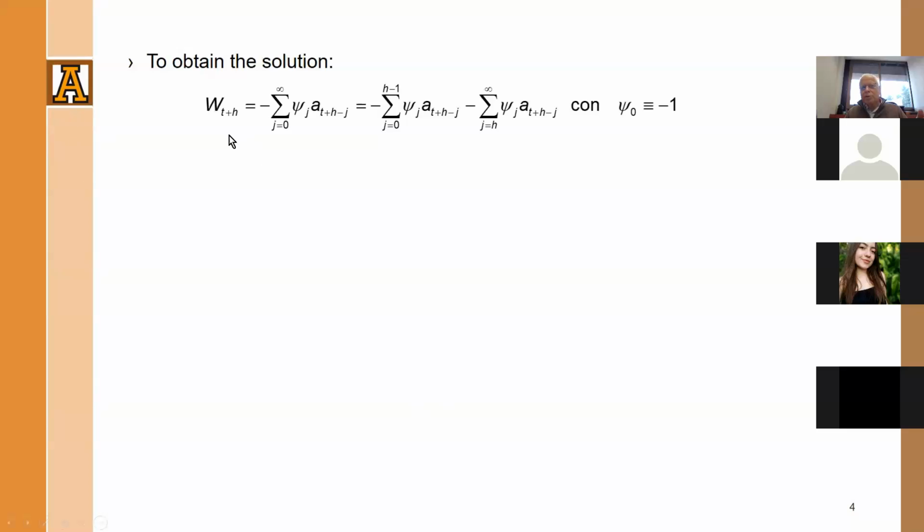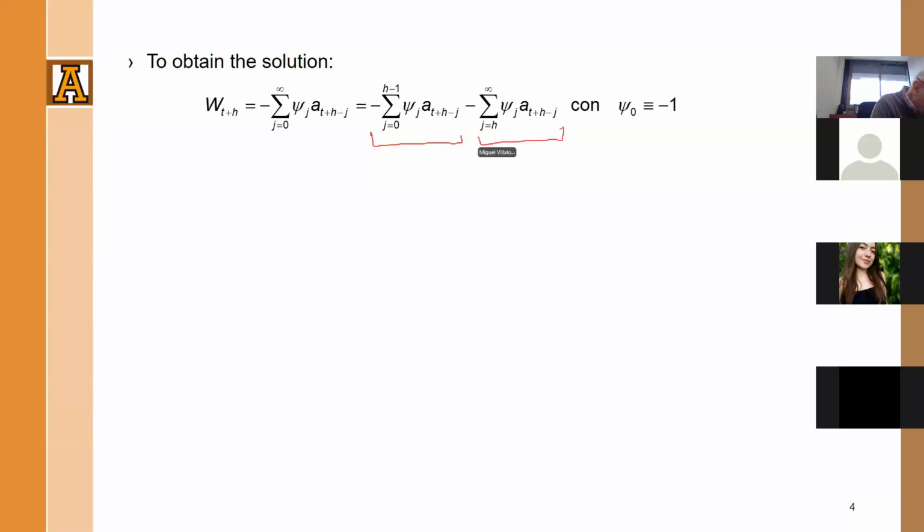So W_{t+h} I can express as the sum of psi_j a_{t+h-j}, from j equals 0 to infinity. That's because the process is stationary, and I can split this sum into components.